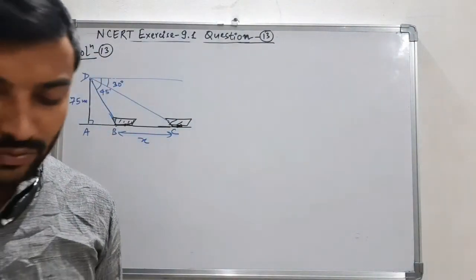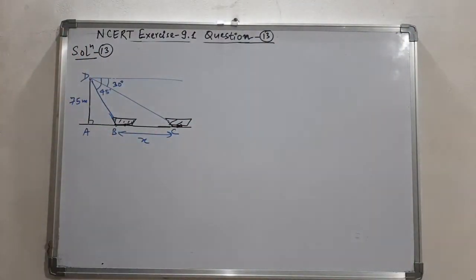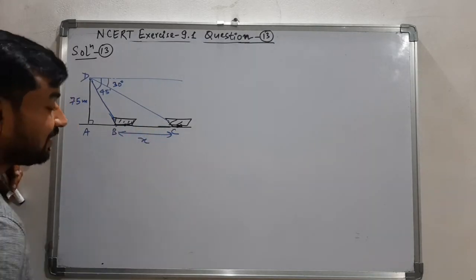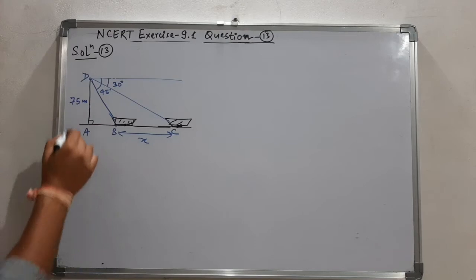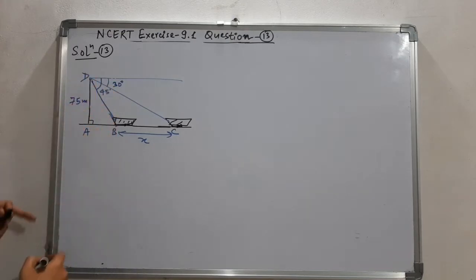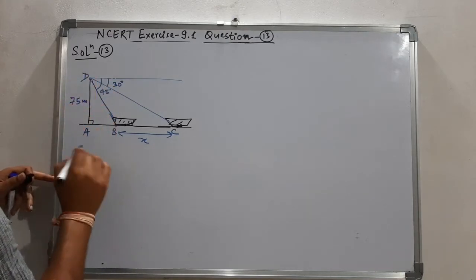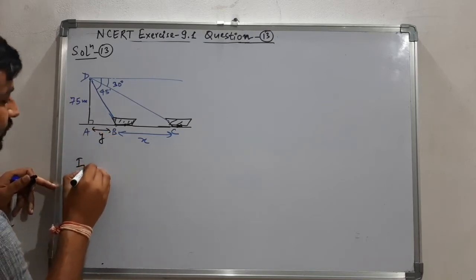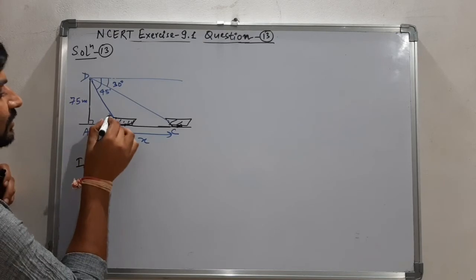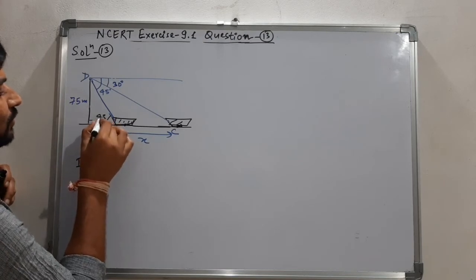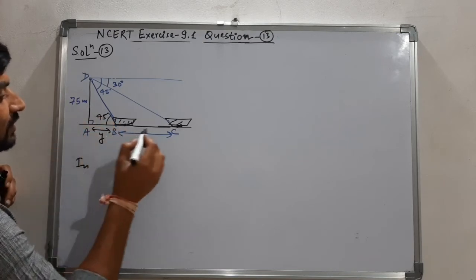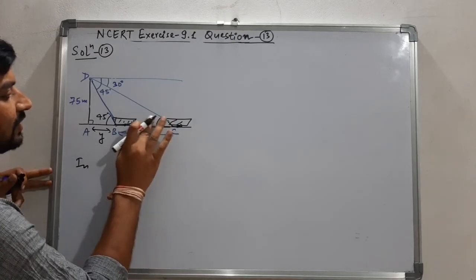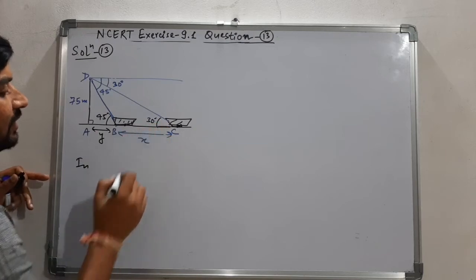So in this situation, suppose the distance between these two ships is x. The height of the lighthouse is 75, and let us consider this distance as y. Now if we look at the situation, this angle B will come out to be 45 degrees by the transversal rule, and this will be 30 degrees.